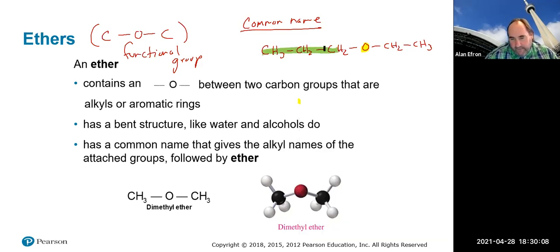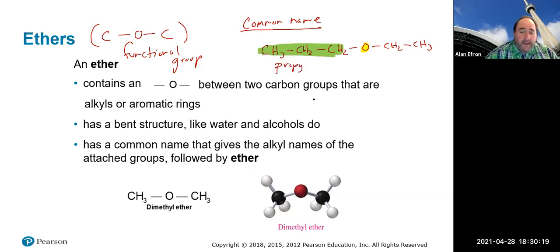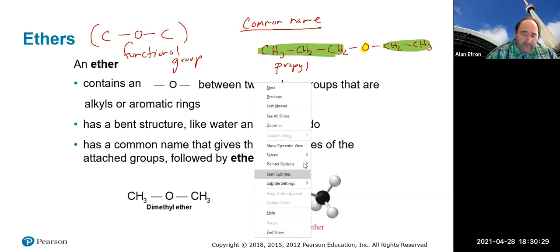So if we come over here, we've got 3 carbons. 3 carbons is based off of propane, and it's a propyl group. Then you go to the right of the oxygen and see what group you've got going on there. That's a 2-carbon group, which is an ethyl group.